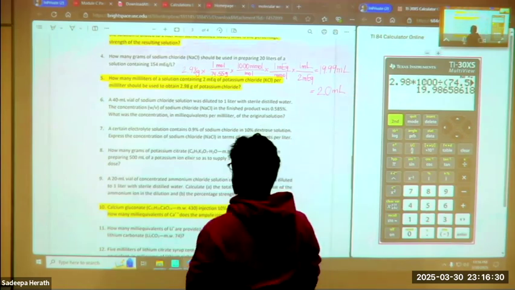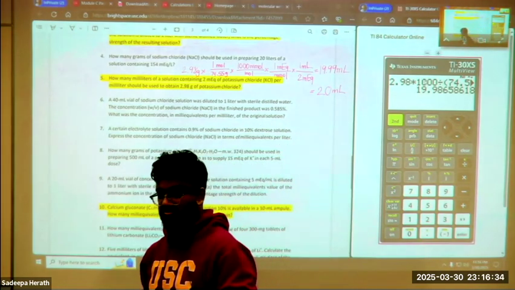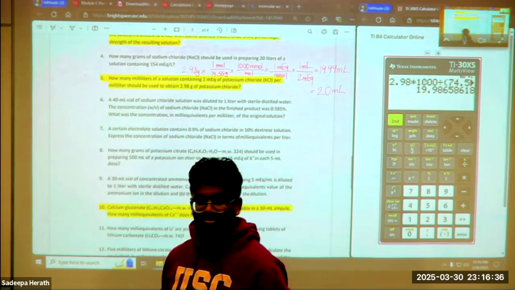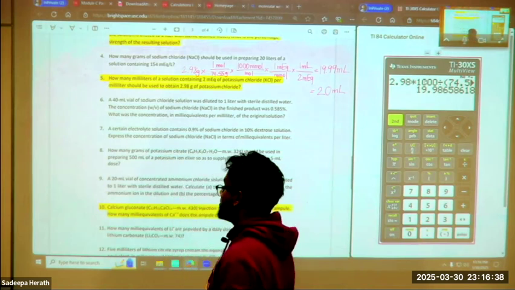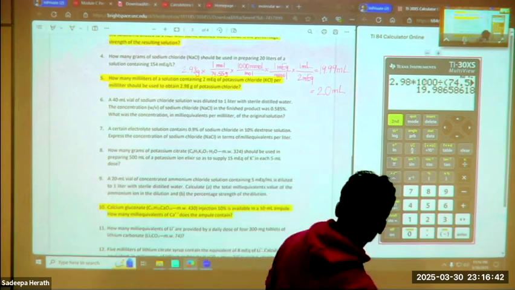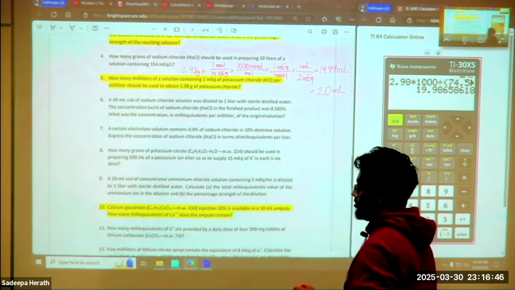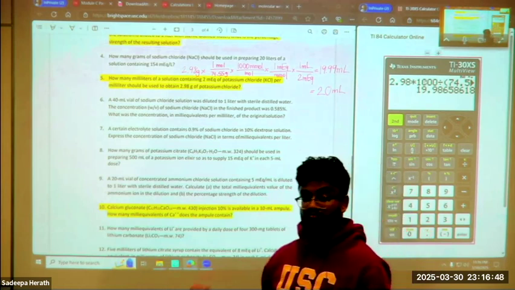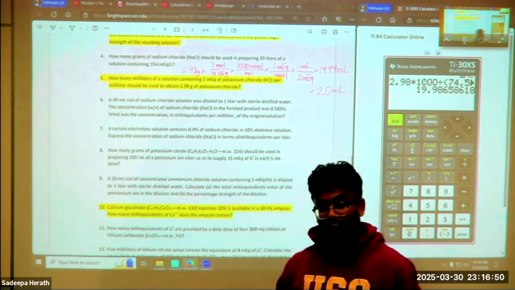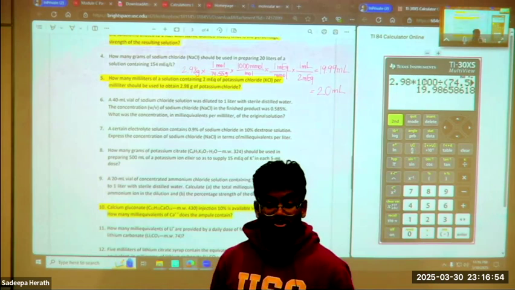Close enough, right? Sig figs aren't specified. It could be either, honestly. It really depends on who's grading. So this is showing you how we're starting from the beginning, or if we're starting from the end, whether we're starting with grams or with milliequivalents.